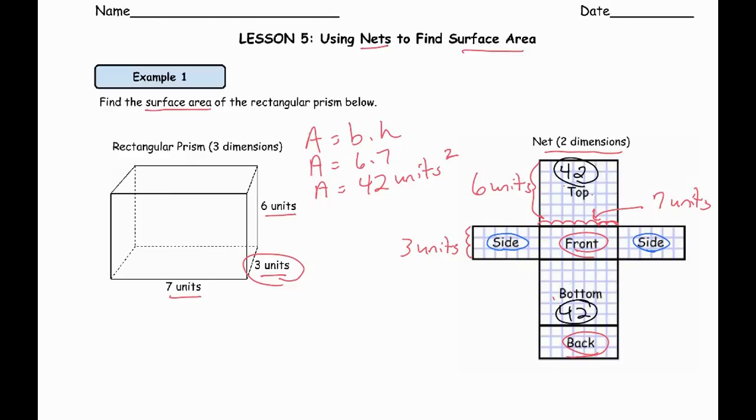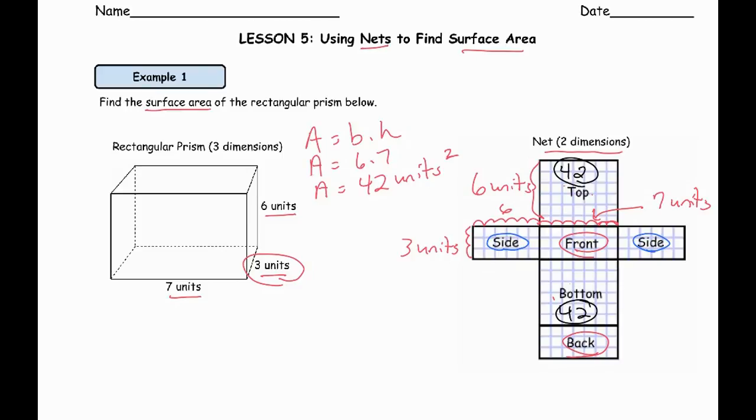Now I'm going to do that with the sides, the side dimensions. Again, one other dimension we want to be careful of is the side. We can see right here that the height is 3, but let's find out what the base is. 1, 2, 3, 4, 5, 6.